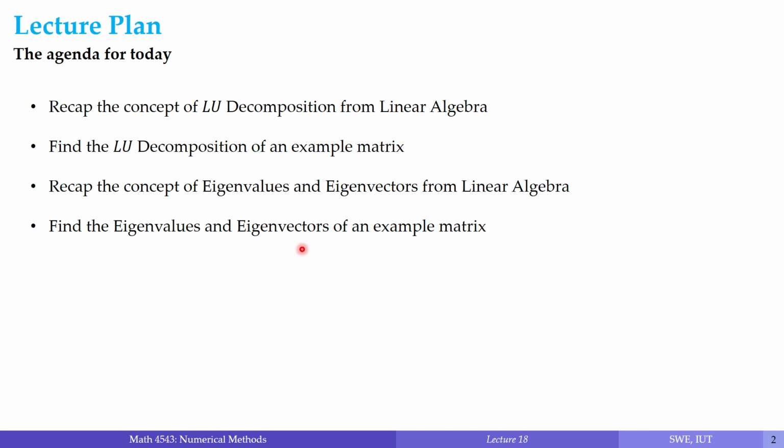So the plan for today is to revisit two core concepts of linear algebra. I think you guys are already familiar with both of these concepts. The first of the concepts is the LU decomposition. We are going to see what the LU decomposition is all about, and we'll try to solve an example. We'll try to decompose a particular matrix into its upper and lower triangular matrices.